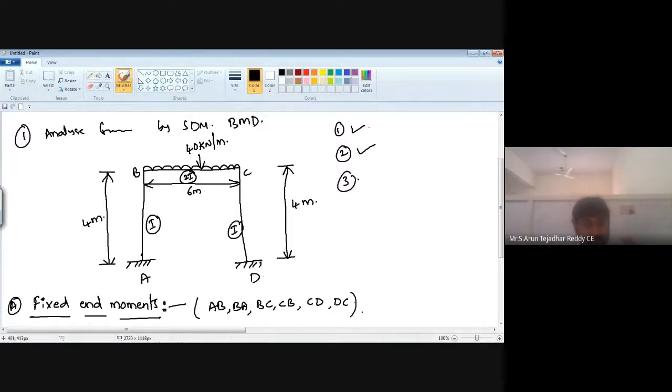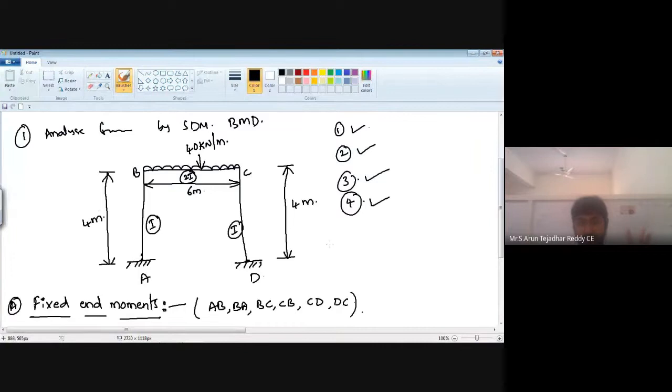Here AB is 4 meter, CD also 4 meter. It is also satisfied. Next, fourth condition, check for symmetrical supports. If you take point A, it is a fixed support. If you take point D, it is also a fixed support. So it is satisfied. Totally 4 conditions are satisfied.